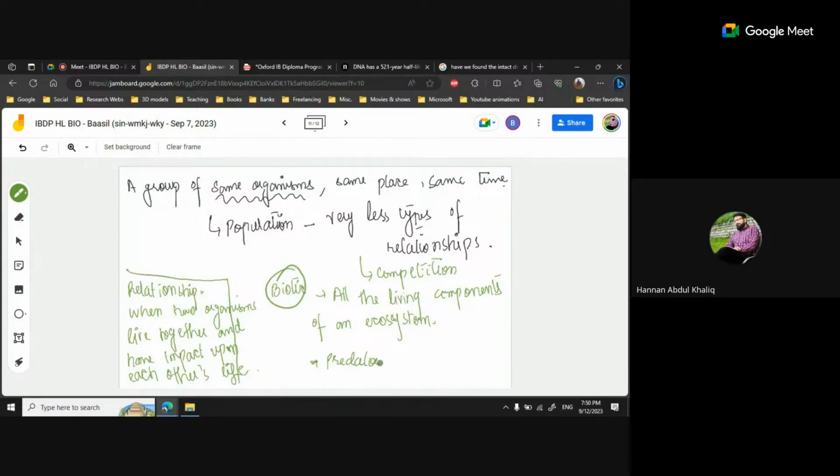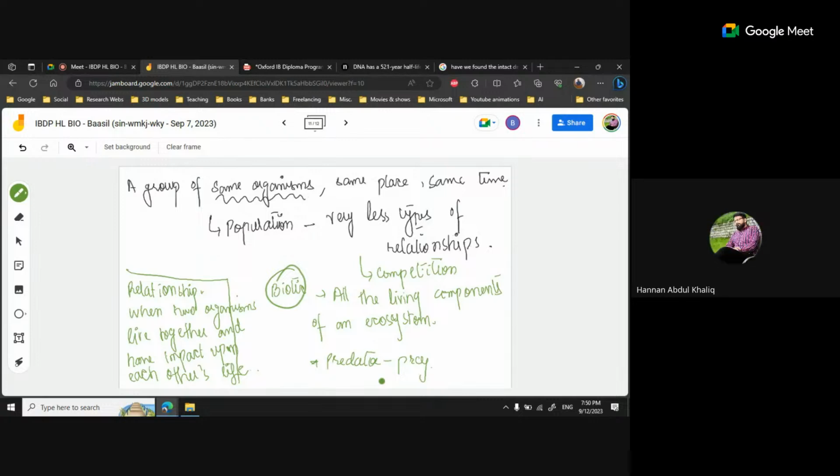So we would say that predator prey would also occur in a community. So it is very, very important to study the relationships to understand an ecosystem.